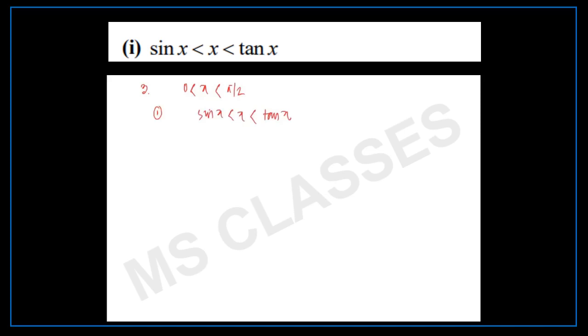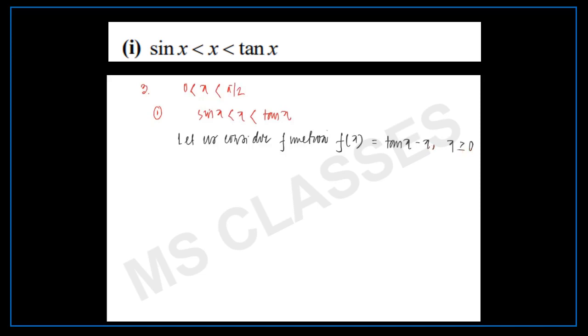First of all, let us consider function f(x) equal to tan x minus x for x greater than equal to 0. We consider including 0, that is, I am considering this function for greater than equal to 0 also.